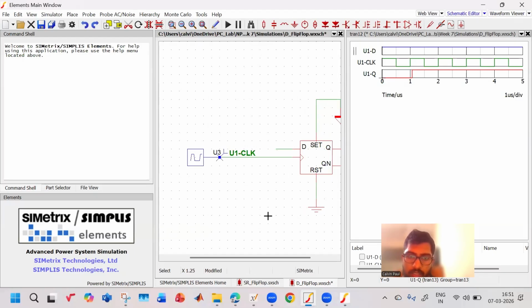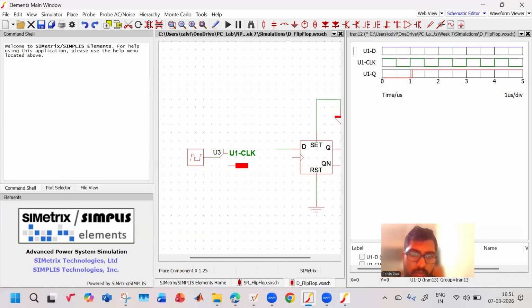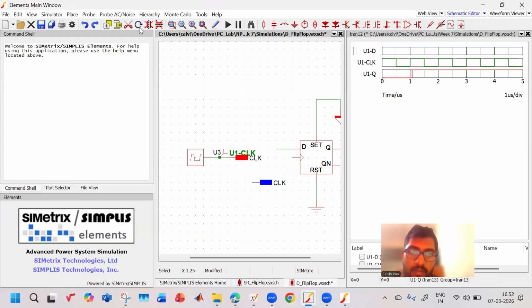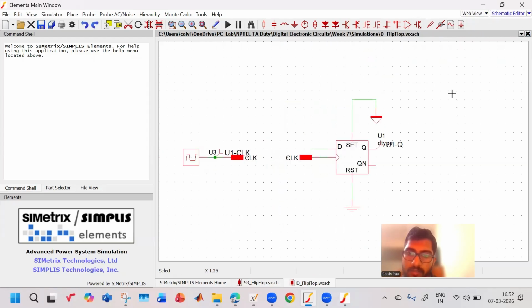What we can do is use a connector. These connectors, module port. I will rename it as clock. Okay, clock. Take it here. Invert this. Fine. Now let us delete this.